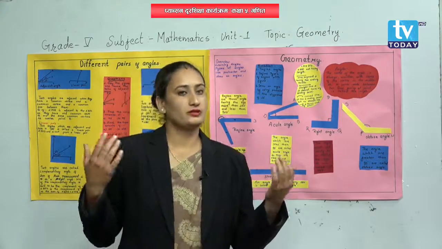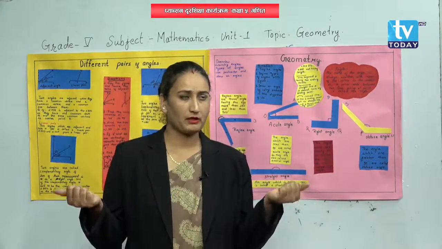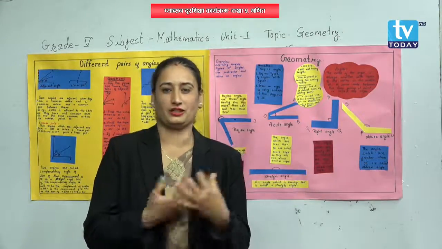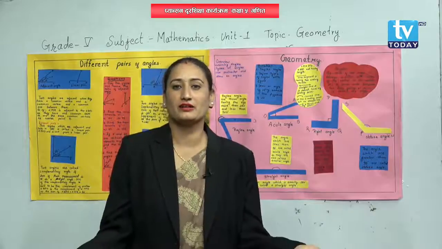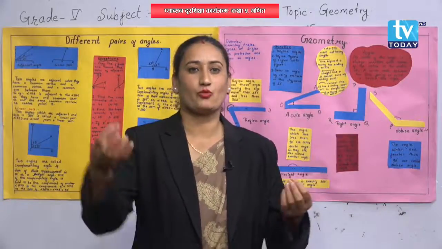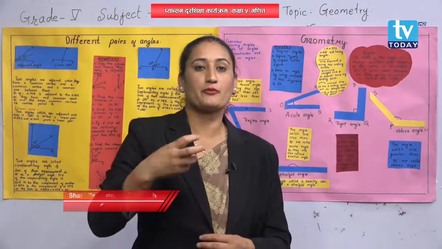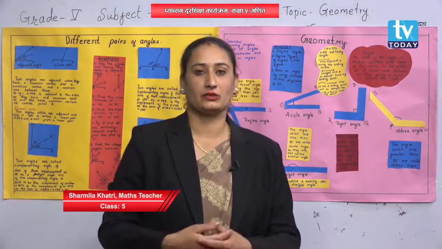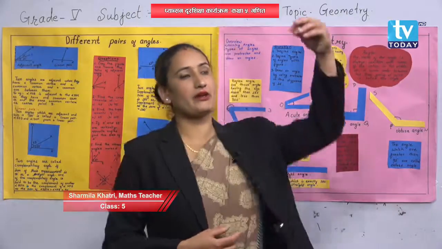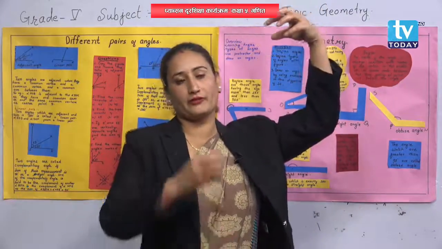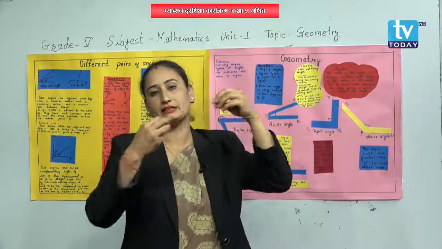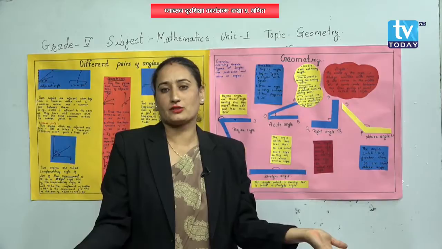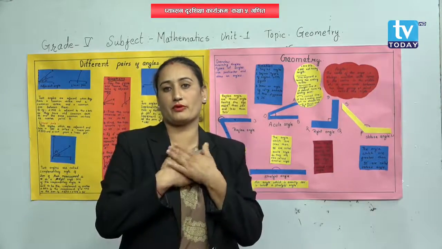Now next, have you learned about a ray? What type of ray have you learned? Oh, the sun's ray. Sun is one object from where we get heat and light, right? We feel warm when the sun comes.